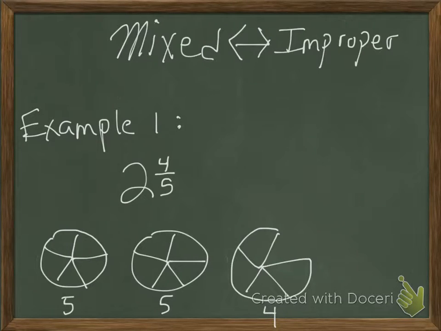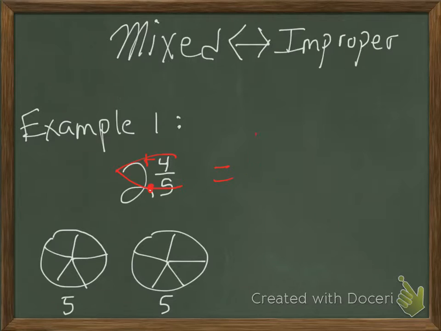Now, the easy way to do this without a picture is to take 5 times 2 to get 10, plus 4 to get 14. So 5 times 2 is 10, plus 4 to get 14. 5 times 2 is 10, plus 4 is 14 fifths. Boom, changed it to an improper fraction. Okay?